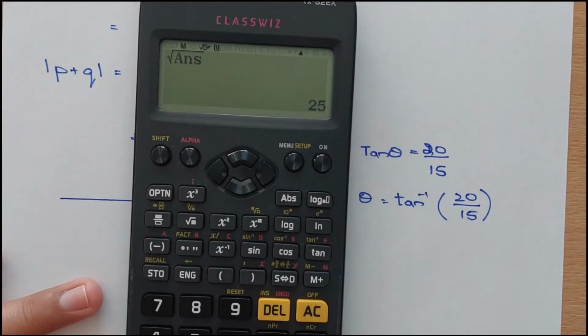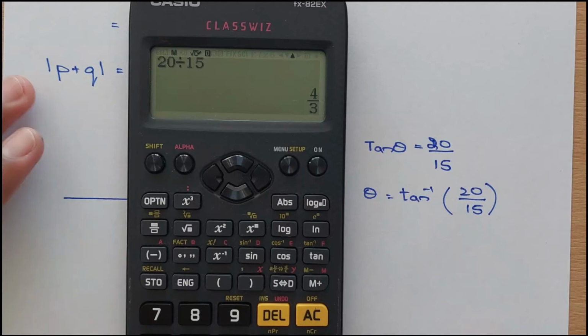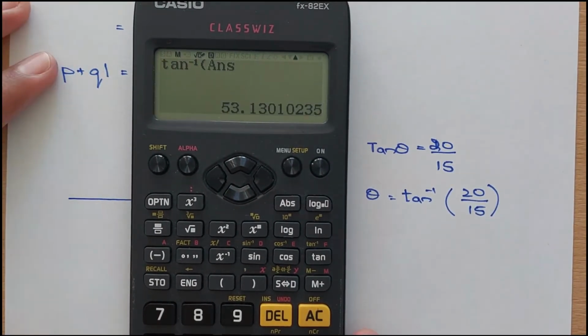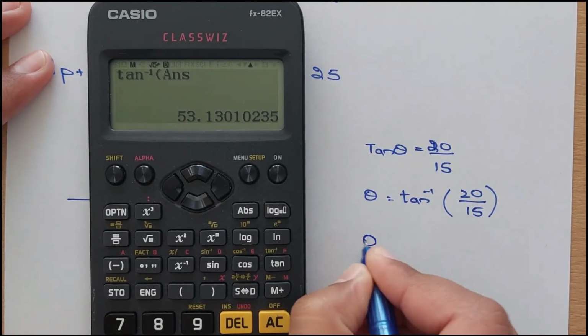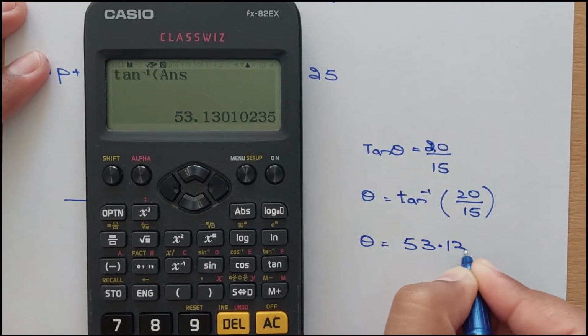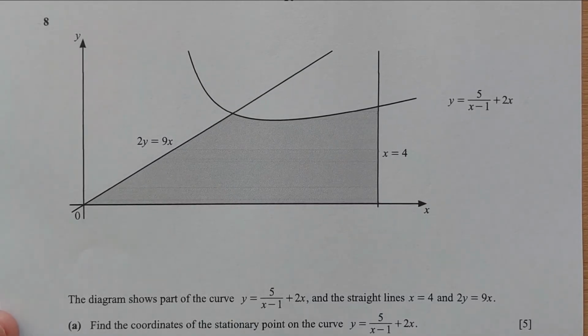Right, doing tangent inverse, you can do it in degrees or radians. This is 53.1 degrees. You can do it in radians as well because we have no restriction in this question. 53.13 degrees.